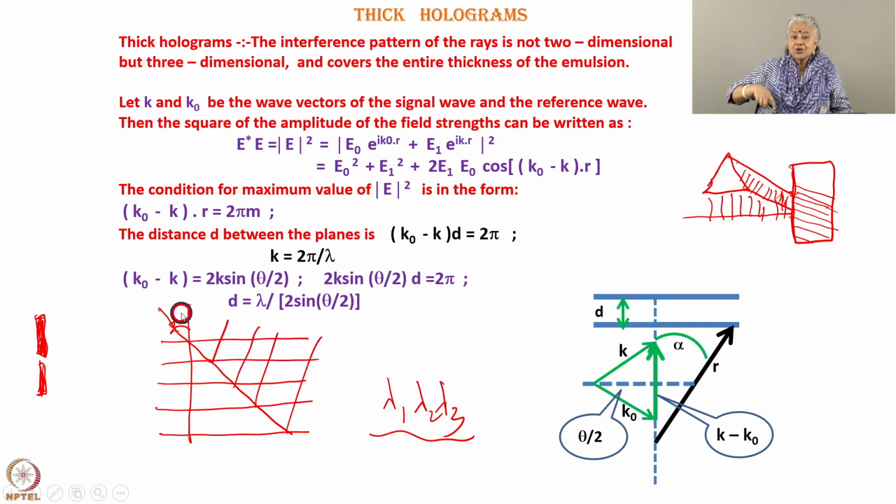So your input light need not be monochromatic at all. When you are constructing it, of course, monochromaticity and all that has to be looked into, but here it does not matter, and you will still get an image. So this is how a hologram works.